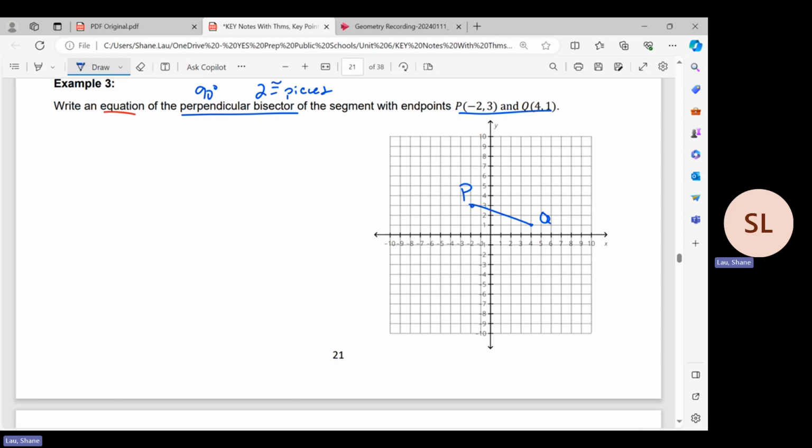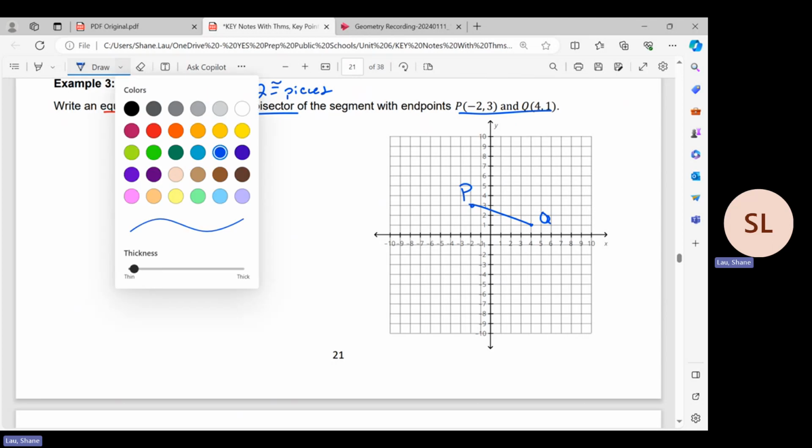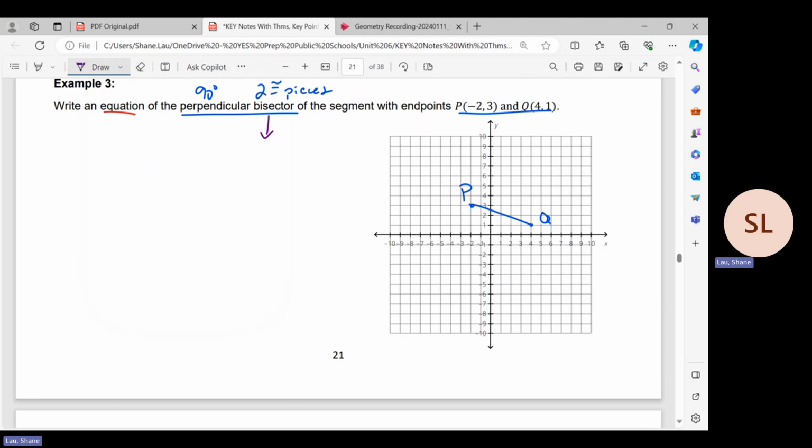But in order for us to make an equation for the perpendicular bisector, we need to figure out what the actual values we need to look for are. The first value I would look for, specifically with the bisector part of this, is a midpoint.